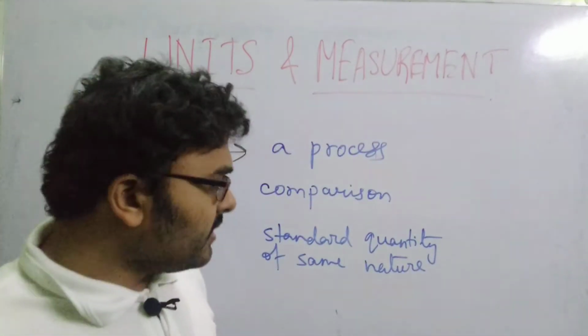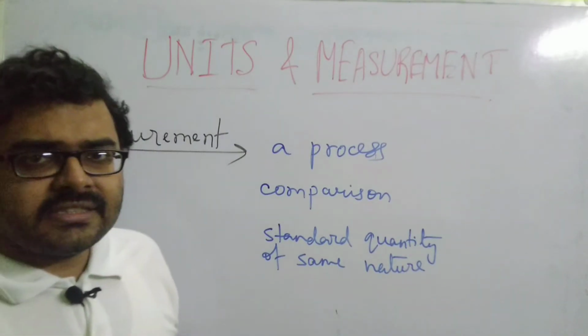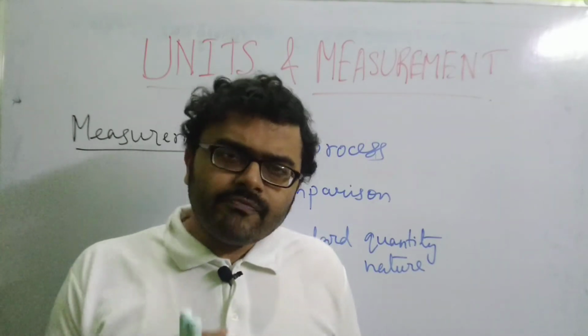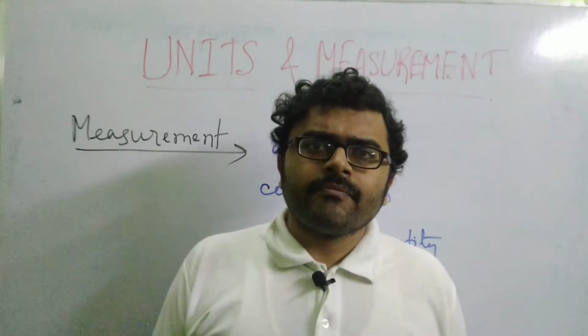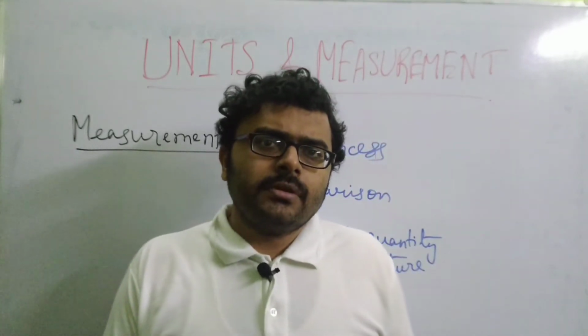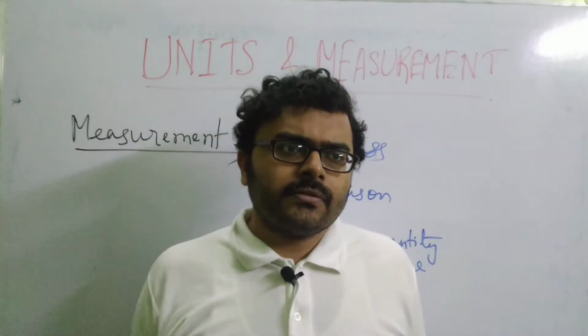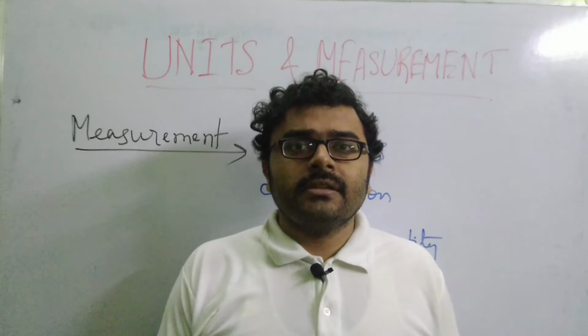Measurement as a process, I think you can understand. You are actually going through a process of comparing. Let me give you an example. Say you want to measure the length of a rod.